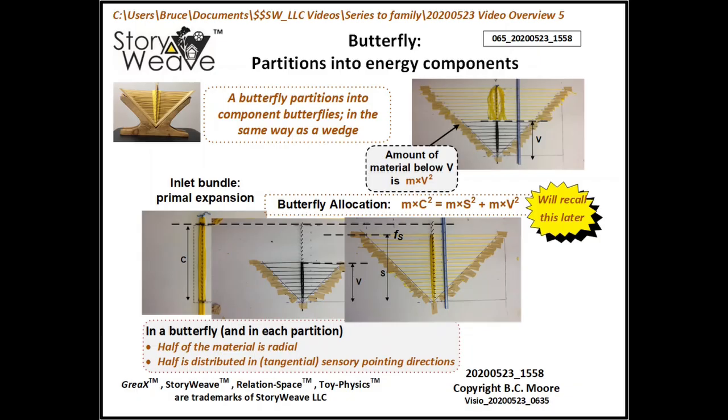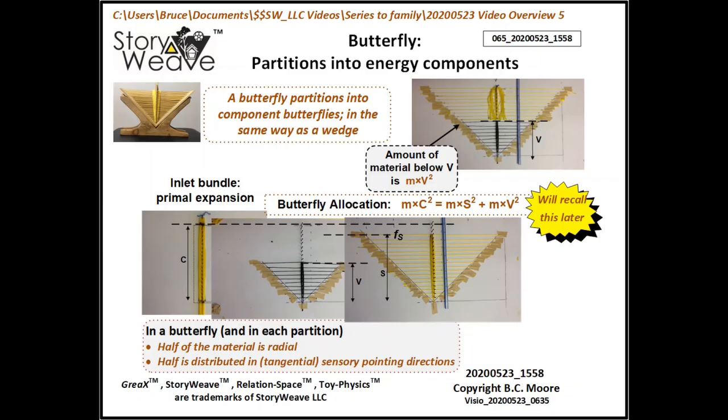Now, I want to point out here, it says we will recall this later. Look at that butterfly allocation equation. It's mass m times c squared. Recall c is the length of that bundle. So the overall wedge has that amount of material in it.